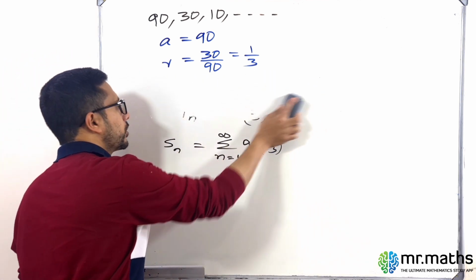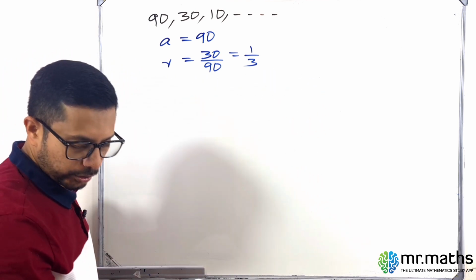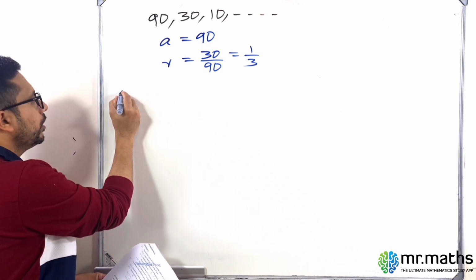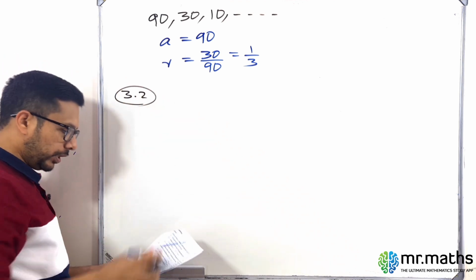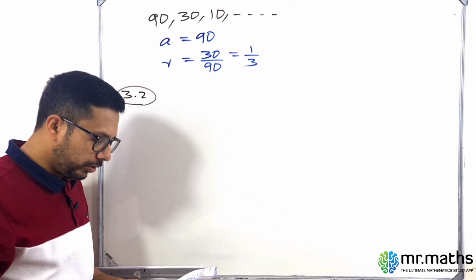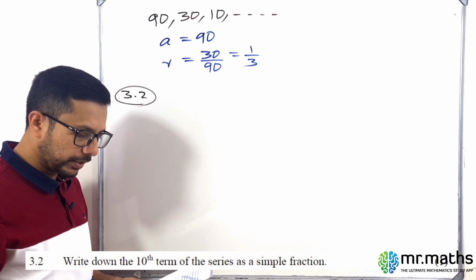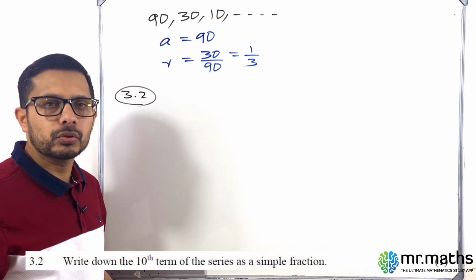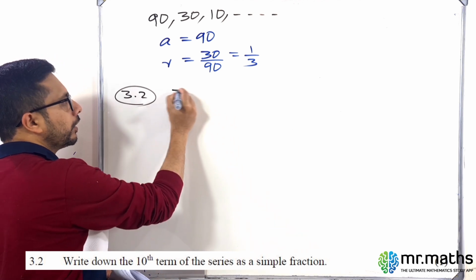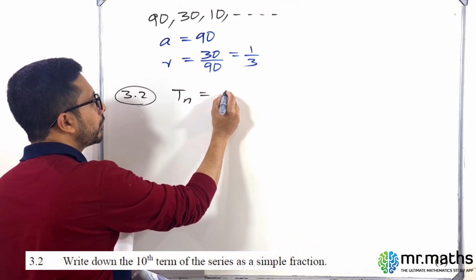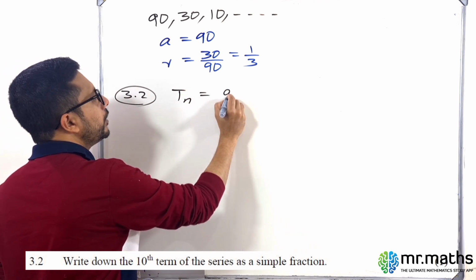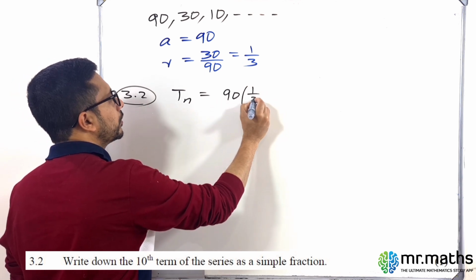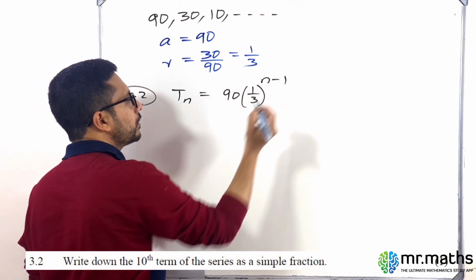Now let's move to the next question, question number 3.2. Write down the 10th term of this series as a simple fraction. So we know what is Tn. In the previous question we wrote Tn as 90 into 1 over 3 raised to n minus 1.